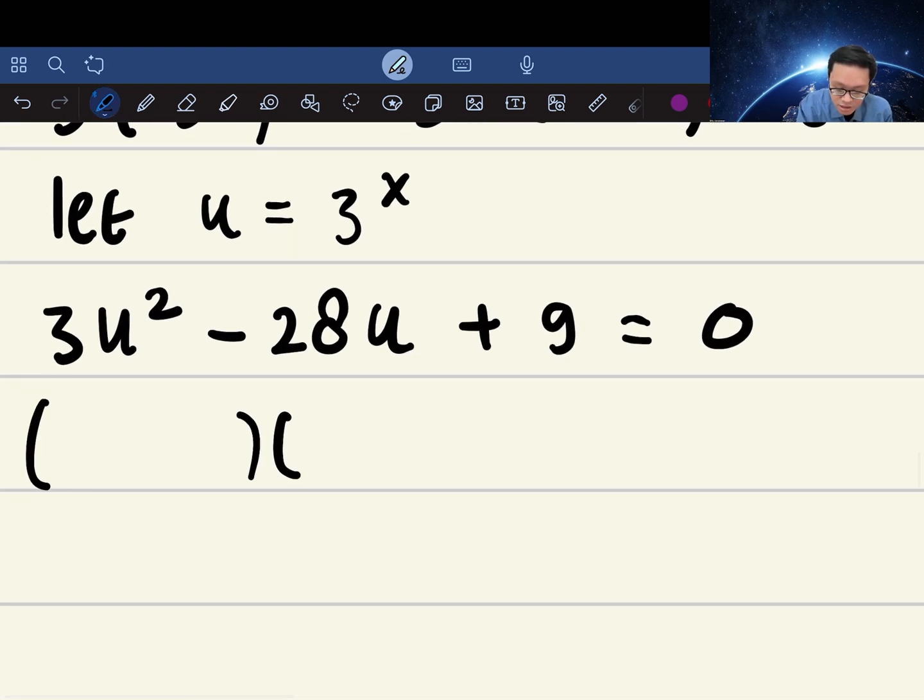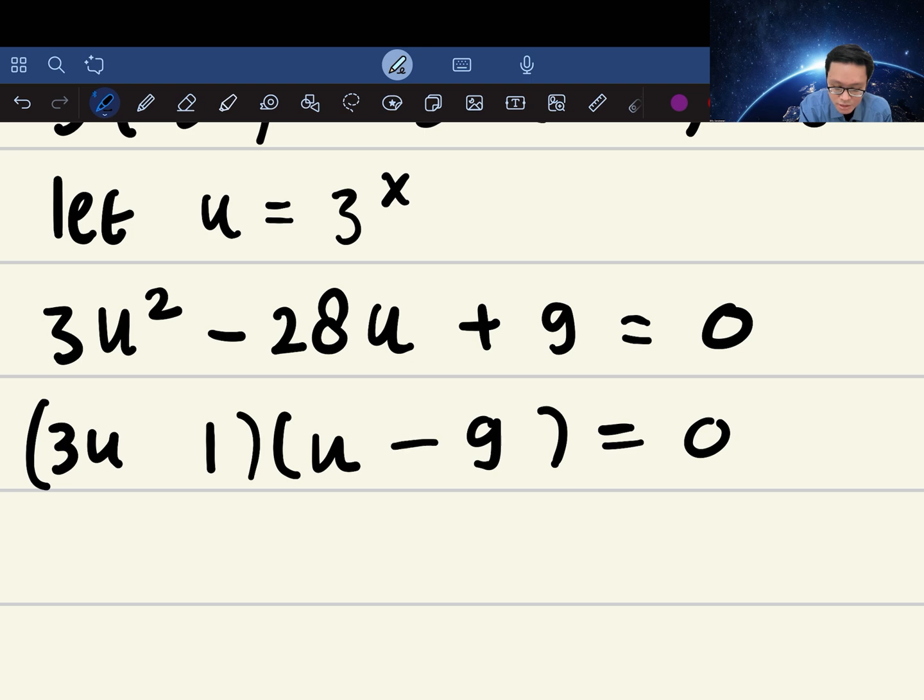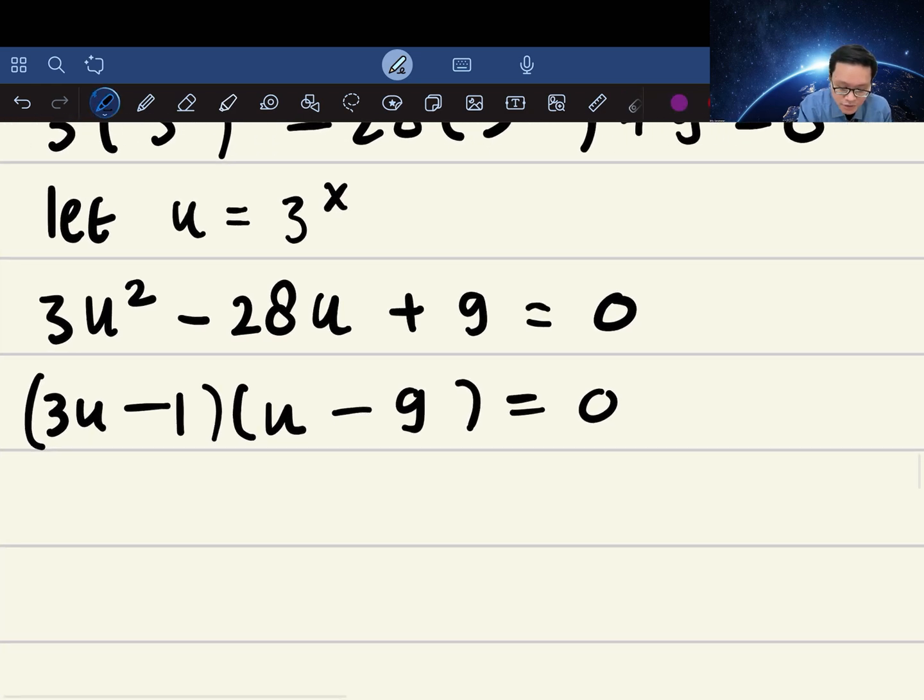Now this one is pretty simple. You can factorize it easily. We have 3u and u, and this is 9 and this is 1, minus minus. So you have minus 27 minus 1, you get minus 28. So we have the first one, u equals 1 over 3 or u equals 9. And we have u is 3^x.